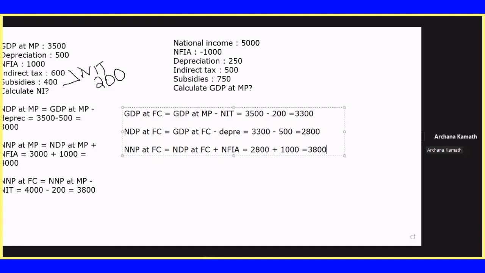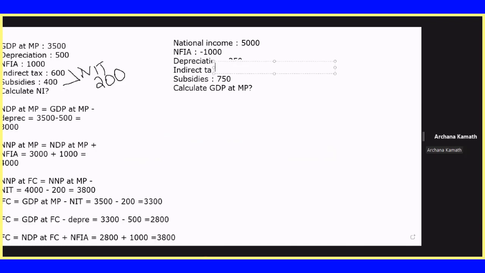It's not necessary they ask for national income all the time. They can ask you to find out NDP at factor cost, GDP at factor cost, any aggregate they can ask for. This is the answer for the first question, okay?